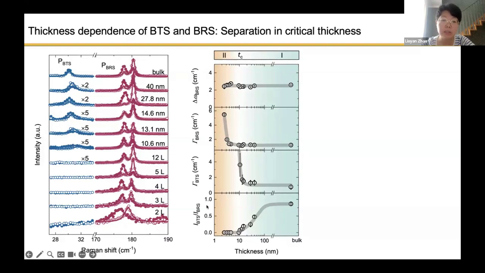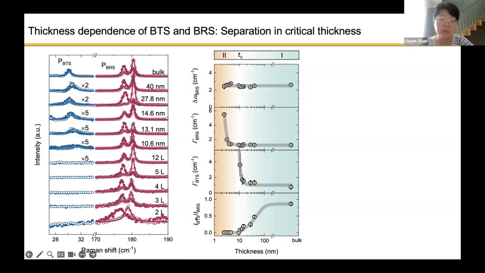In contrast to this is the translational symmetry breaking mode. You can see that the line widths actually diverge around 10 nanometer-ish, while the intensity also gets down to 0 around 10 nanometer-ish. Here, we purposely plot the relative ratio between the intensity of the translational symmetry breaking mode and the rotational symmetry breaking mode, in case people may worry that it's just our sensitivity gets weaker in the few layers, so that's why we don't see the translational symmetry breaking mode in thin layers.